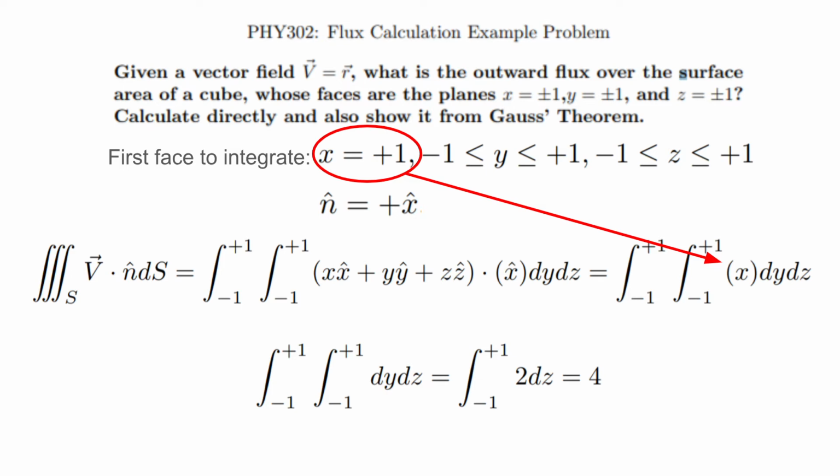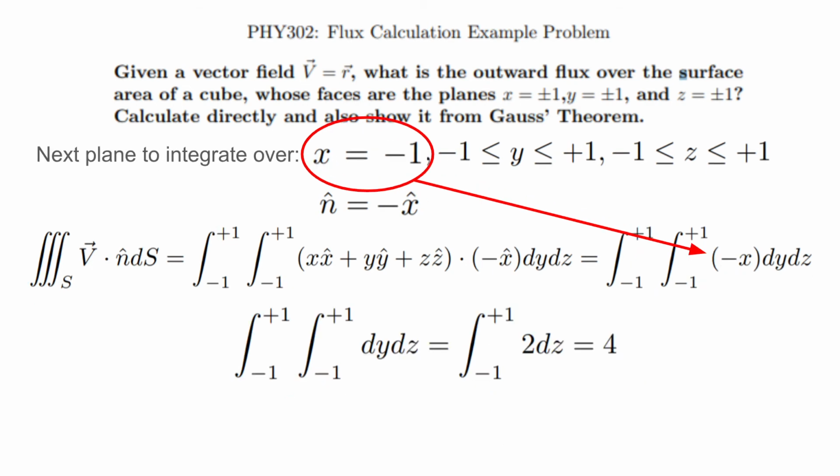Plugging into our surface integral, the dot product simplifies things a lot. We end up with an integral of x over a 2x2 square in the x equals 1 plane. Since x is a constant, we plug in positive 1, and that becomes an integral of 1 over that square. Just as we would expect, the result is 4, the area of the square.